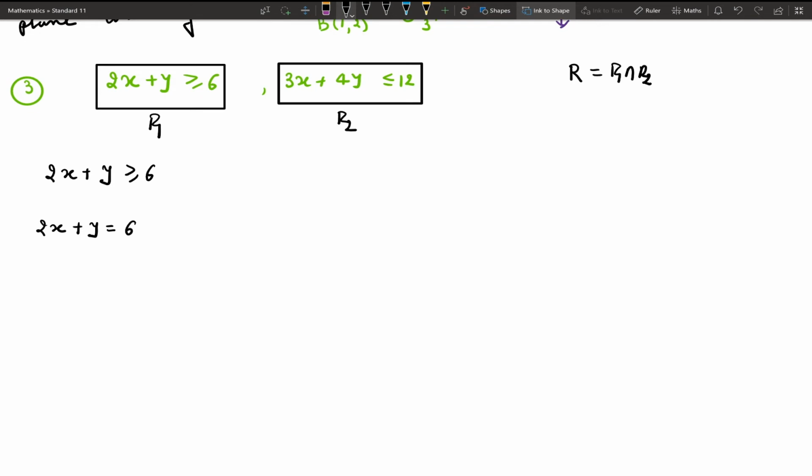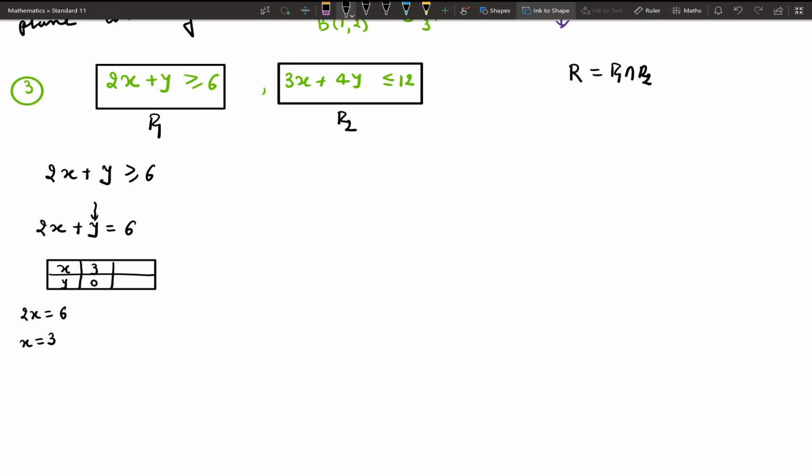So let us draw this straight line. To draw the straight line, 2 distinct points are required. For simplicity we take, as usual, points on the axes. If the point lies on the x-axis, the y coordinate is 0, so put y equal to 0 in the equation. So 2x equal to 6, so x equal to 3, so 3 comma 0.